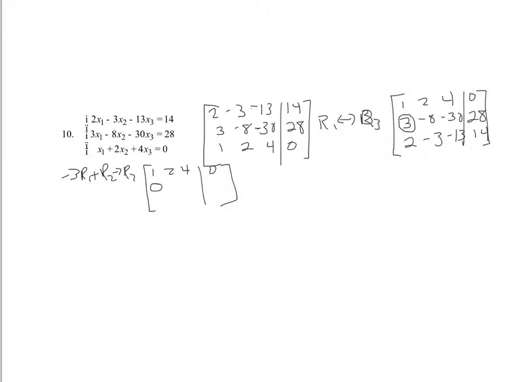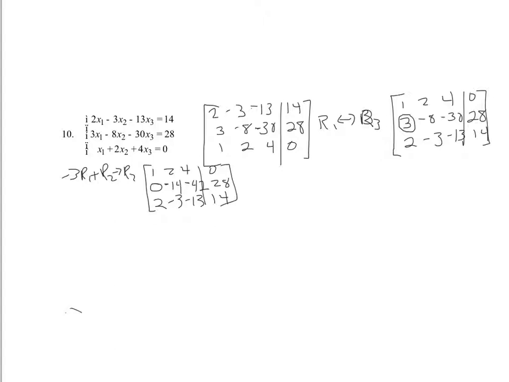Okay? -3 times 2 is -6. -6 plus -8 is -14. And then -3 times 4 is -12. -12 plus -30 is -42. All right, -3 times 0 is 0, and 0 plus 28 is 28. And then we will have 2, -3, -13, 14 for row 3.